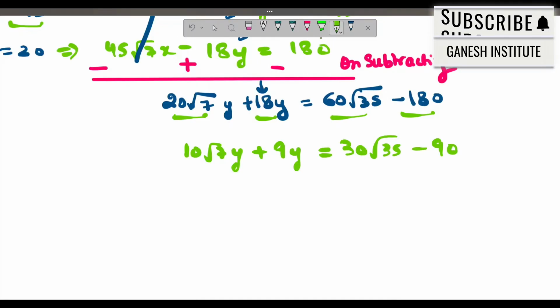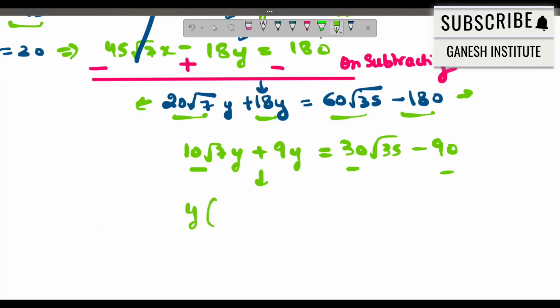I can take out 2 common from both sides and that 2 will be cancelled out, right? Yes. Now I don't think anything is common. Even if I divide this by 10, 9 will not go. So let it be. Now this is the simplest version.